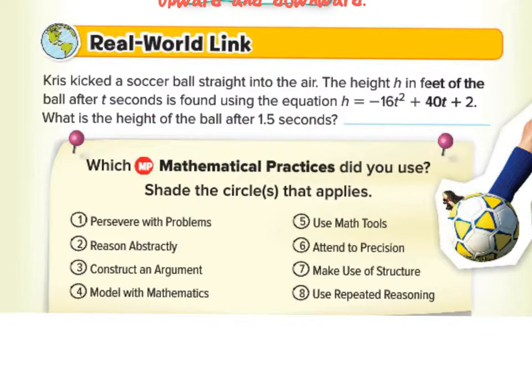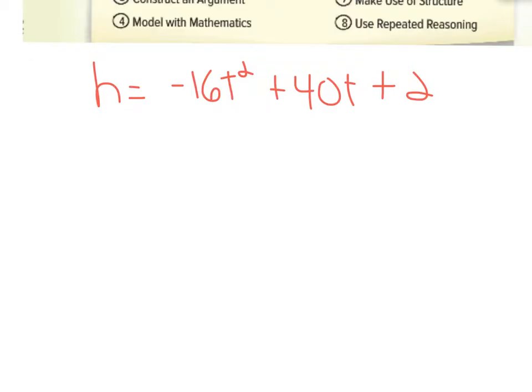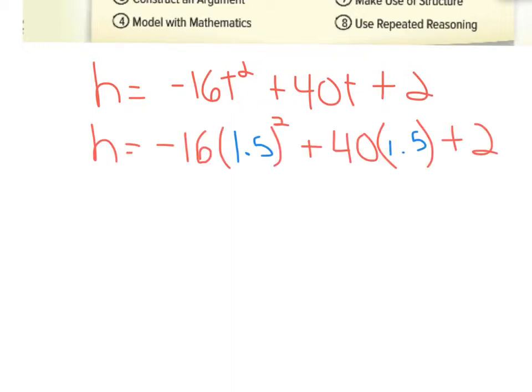So we just have to solve here for h. We've been given the time, 1.5 seconds. We have to replace it here and here. So let's do that. I first write out the formula they gave us, and now I'm going to replace the variables t there and there. And now we can solve.